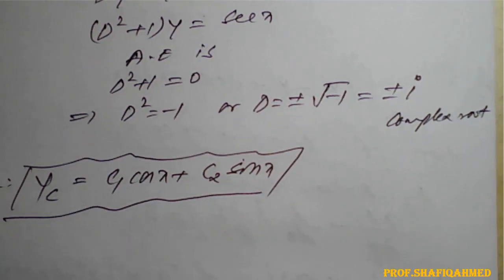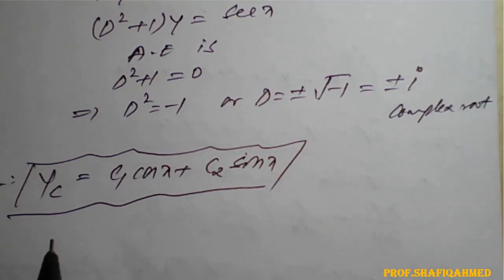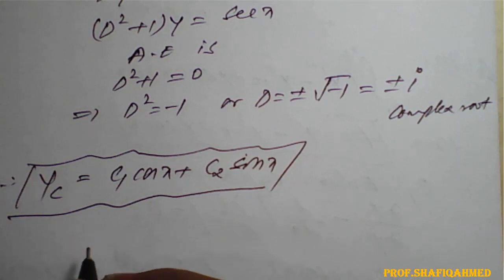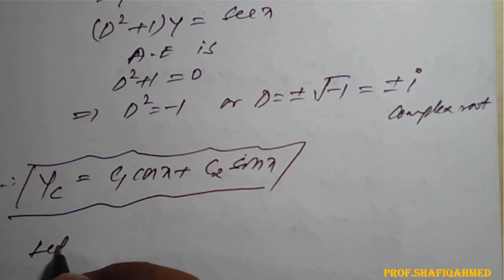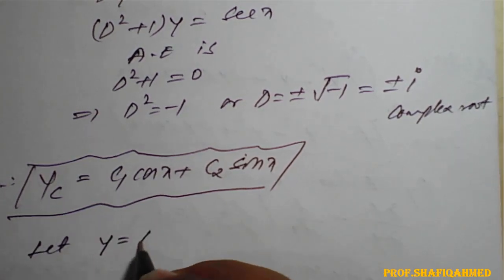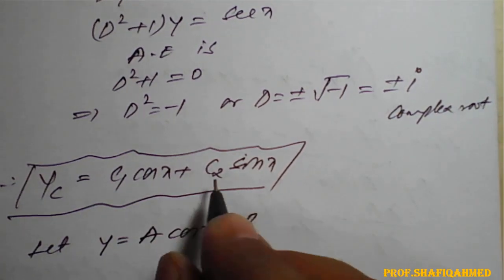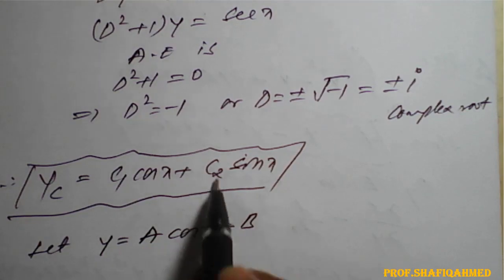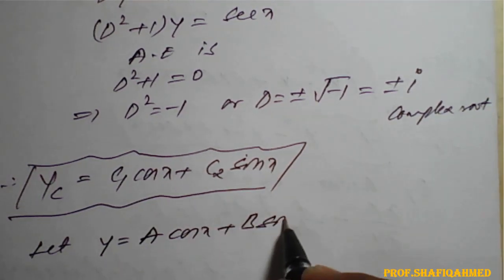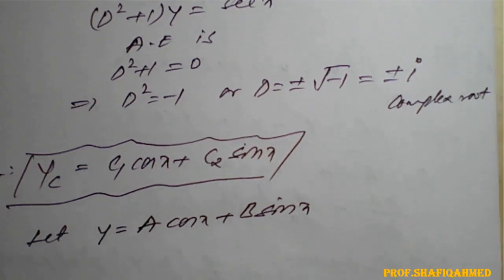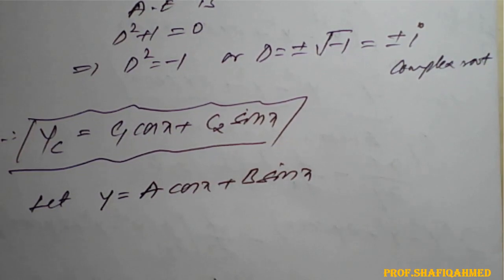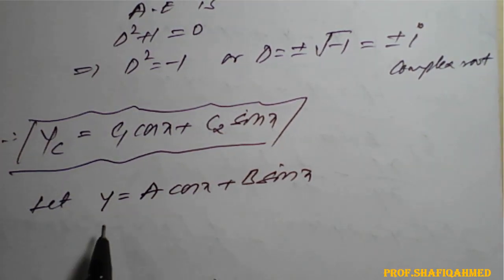So here in the variation of parameters we need to consider, let y be equal to a cos x plus b sin x, where c1 is replaced by a and c2 by b. So this is the method of variation of parameters.